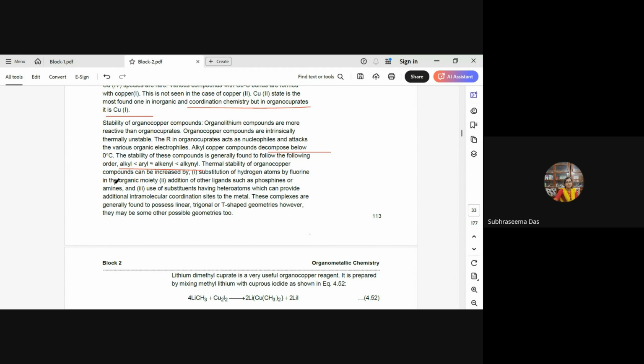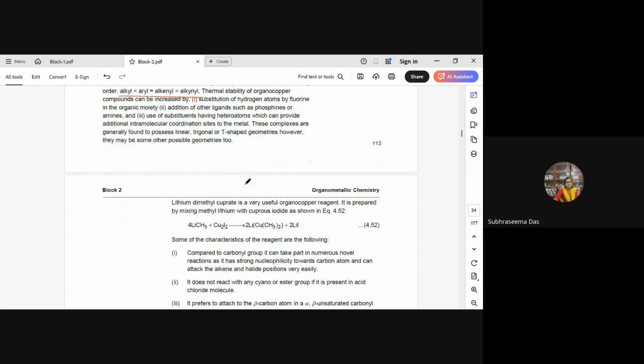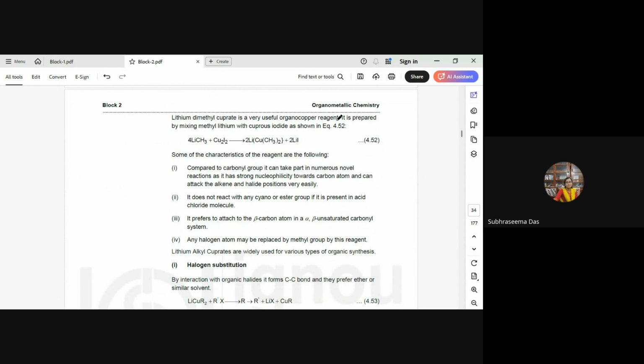These complexes are generally found to possess linear, trigonal, or T-shaped geometries. Lithium dimethyl cuprate is prepared by the equation shown in 4.52, and some characteristics of the reagent are: it can take part in numerous novel reactions as it has a strong nucleophilicity compared to the carbonyl group. It does not react with any ester or the chloride group present in the acid.